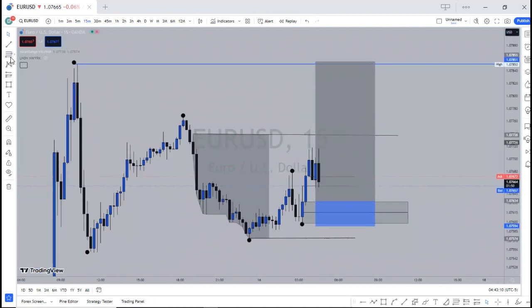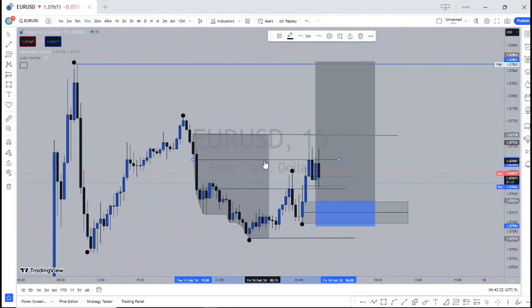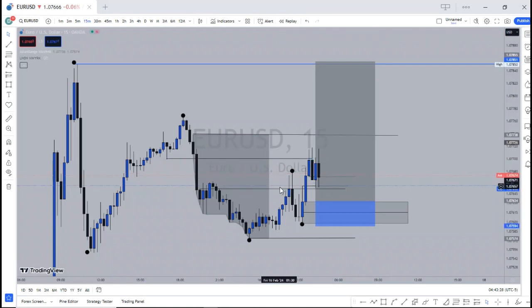Another thing is inefficiency on the Asian session. Those that trade know that price always retraces backwards to balance inefficiency, right? So we trade into the equilibrium of the inefficiency, it did not break structure, we traded backwards.